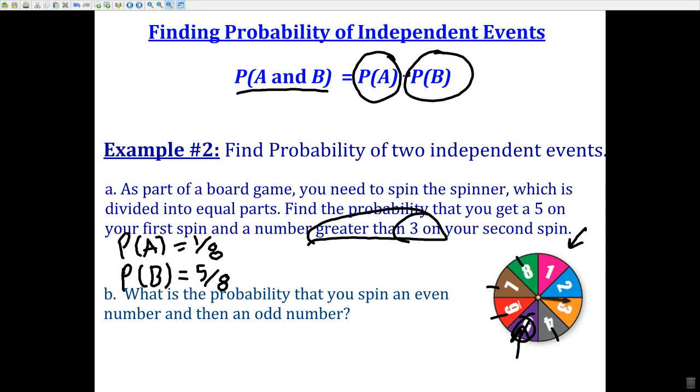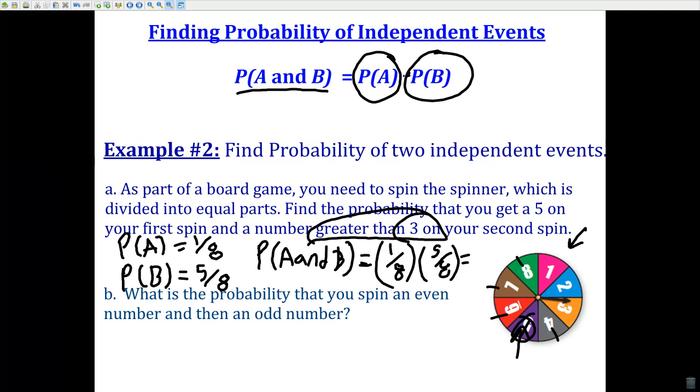All right. So the probability of A and B is going to equal 1 over 8 times, let's see, 5 over 8. Wow, I ran out of room very quickly here.